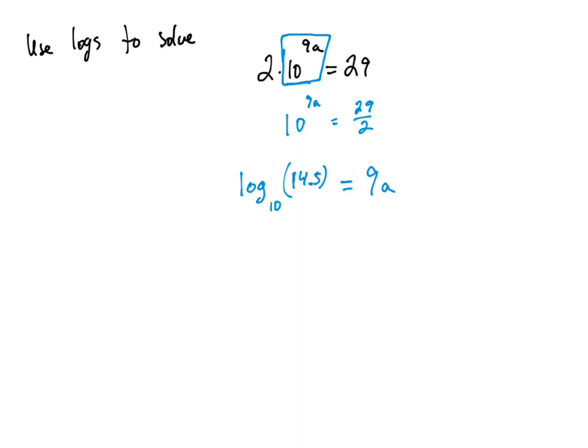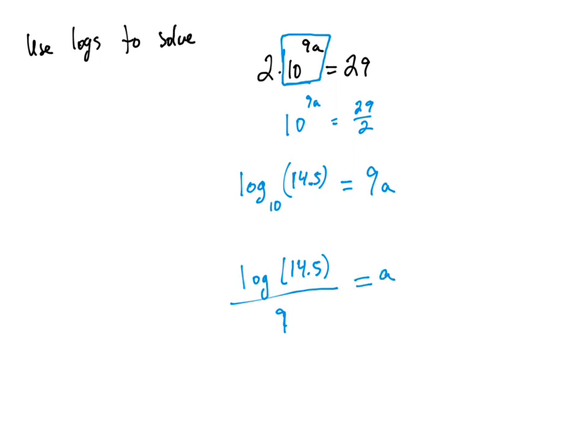Okay, and then the last thing we'll need to do is divide both sides by 9. So what we end up with is log base 10, which I could just write as log 14.5 divided by 9 is the exact solution, and that is equal to A.